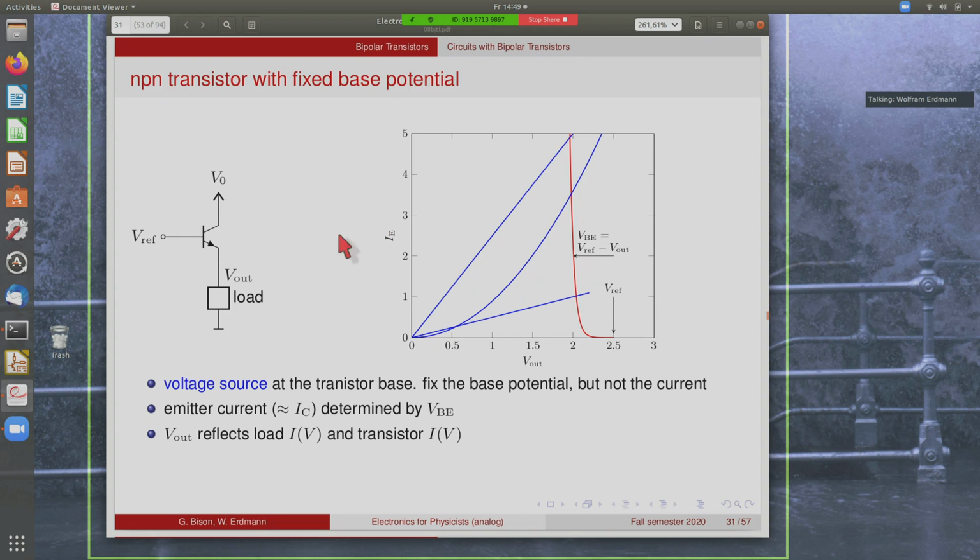And so the transistor and the load then agree on a point where, of course, the current that flows through the transistor must be the same as the current that flows through the load. This is in general a nonlinear situation, so you cannot easily do this analytically, but graphically it's clear that the point where these curves intersect is the operating point.